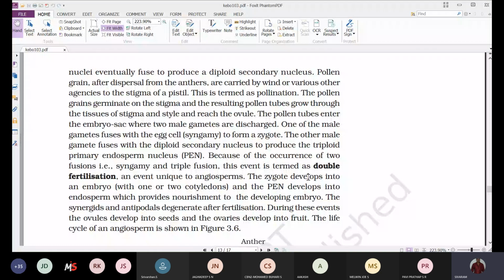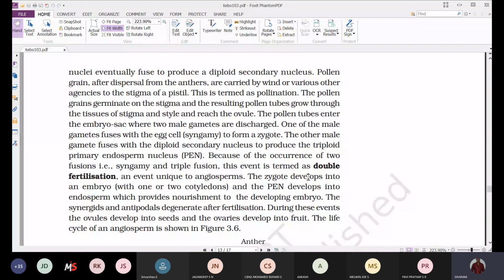Still, these are nuclei only. The male gamete, which is only a nucleus, fuses with the diploid secondary nucleus and results in the formation of a triploid.